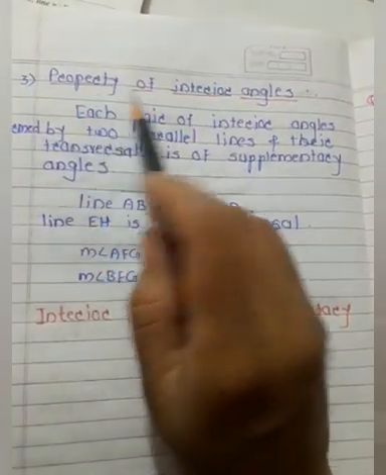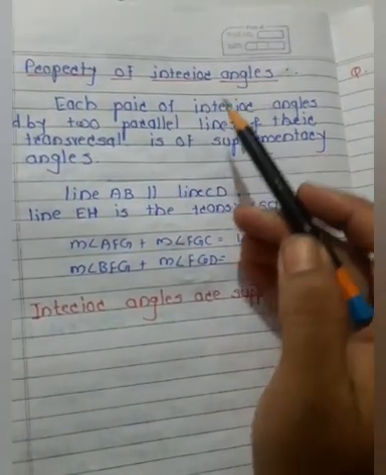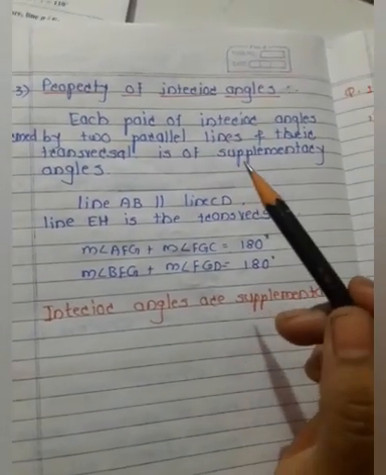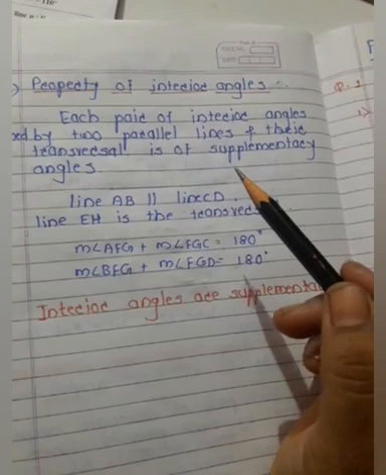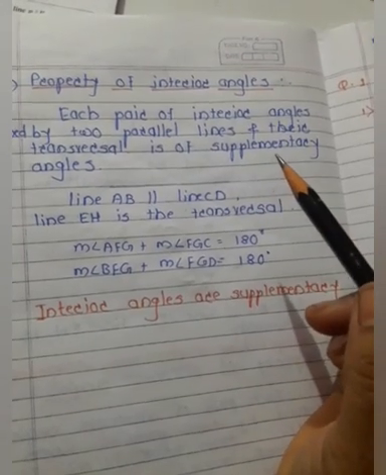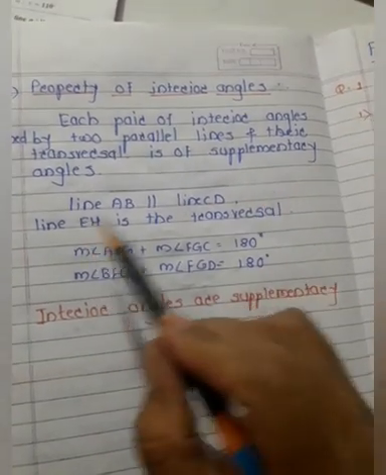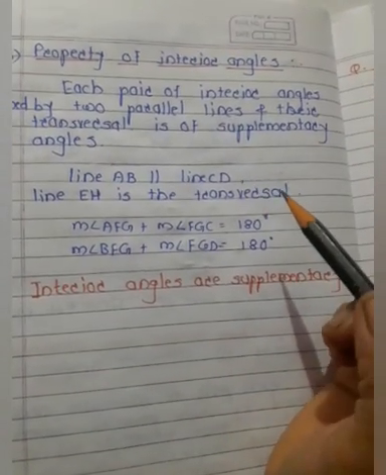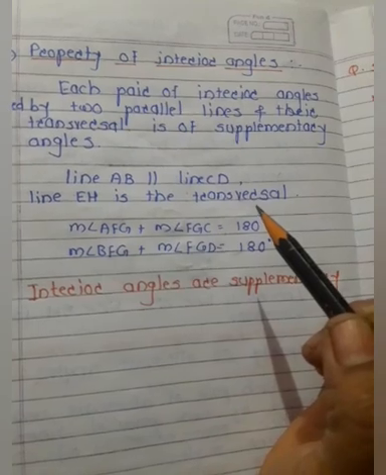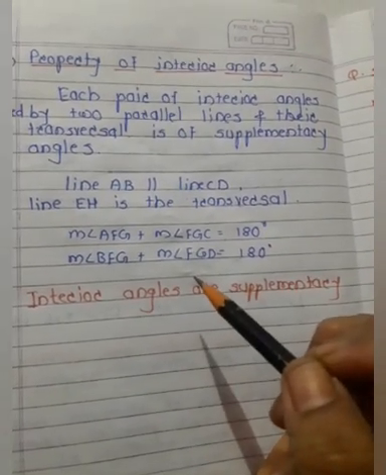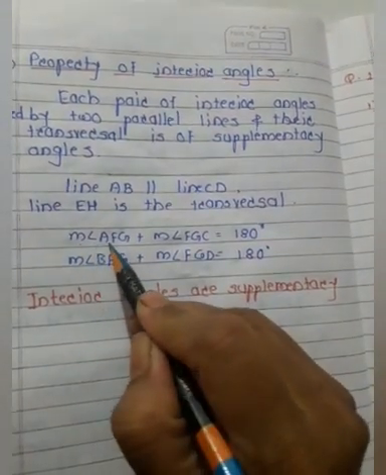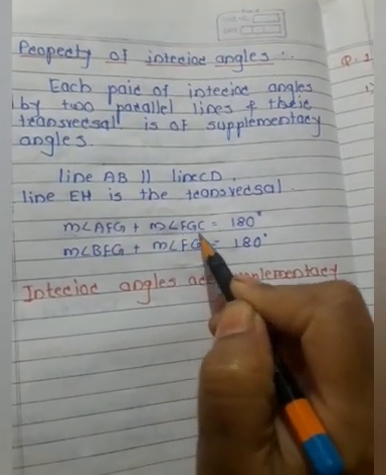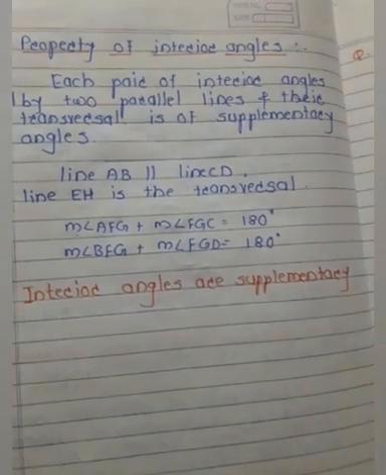Now the third property, of interior angles. Each pair of interior angles formed by two parallel lines and their transversal is a pair of supplementary angles. Line AB and line CD are the parallel lines and EH is the transversal. That's why the measure of angle AFG plus the measure of angle FGC is equal to 180.